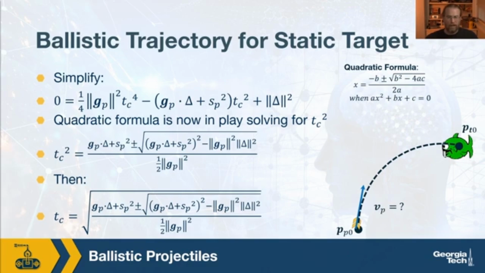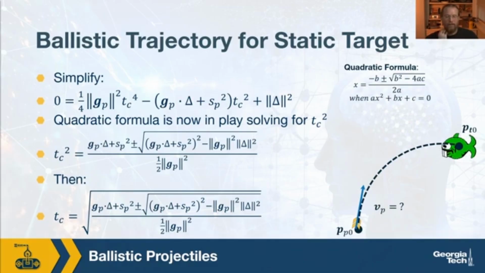We can just substitute for t sub c to the power of 2. So we'll make an x that is equal to t sub c to the power of 2.